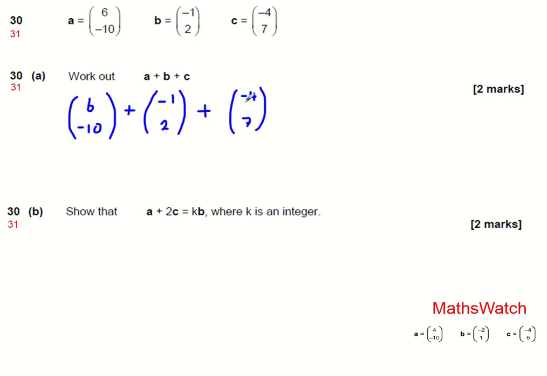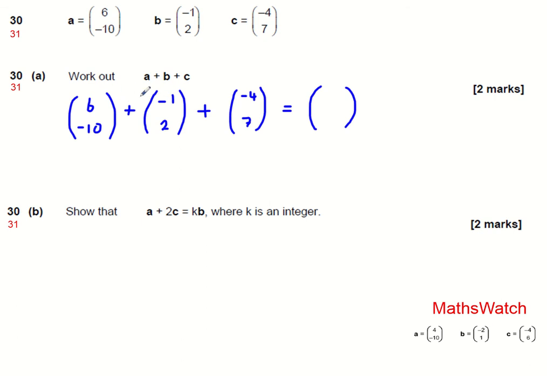Now when you are adding vectors together, we do the calculations with the top numbers to work out what our new top number is going to be, and then we do the same calculations to the bottom numbers to work out the new bottom number. So across the top, 6 plus minus 1, or when you've got a plus and a minus next to each other, that becomes a minus.